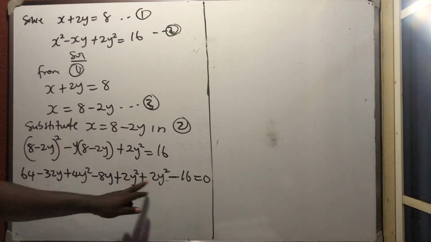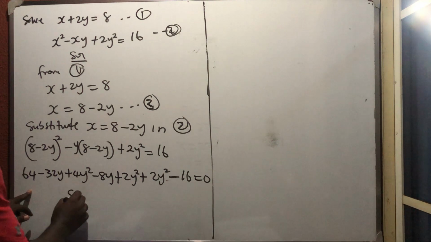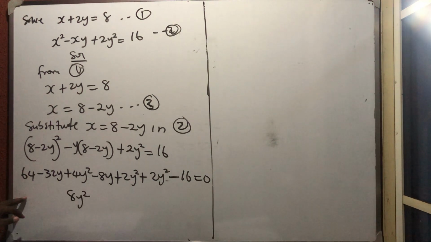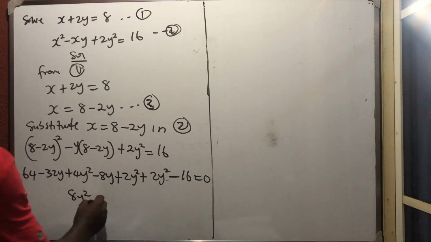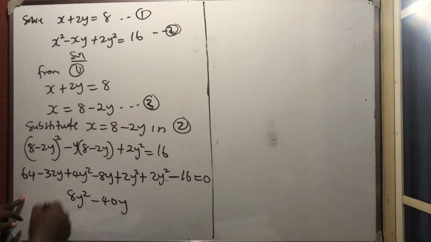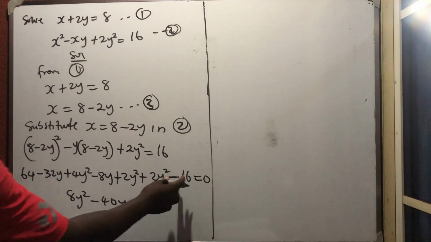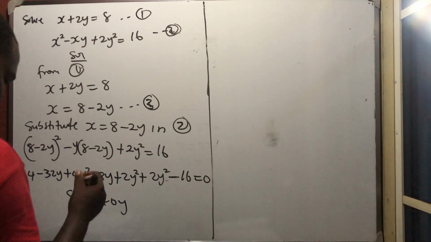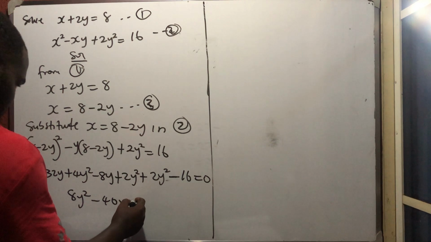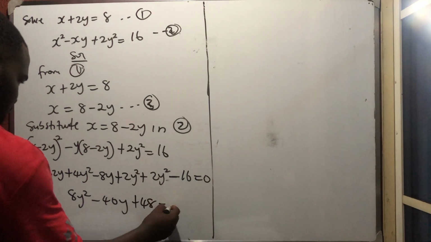This plus this plus this will give me 8y squared. This and this will give me minus 40y. This and this will give me 64 minus 16, 48. So I'm having plus 48 is equal to 0.